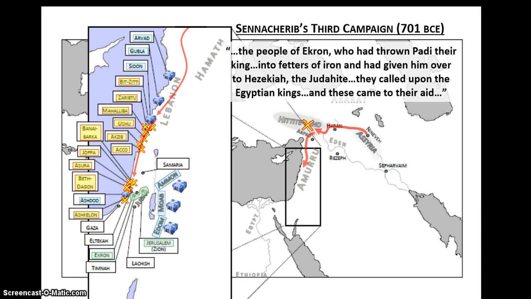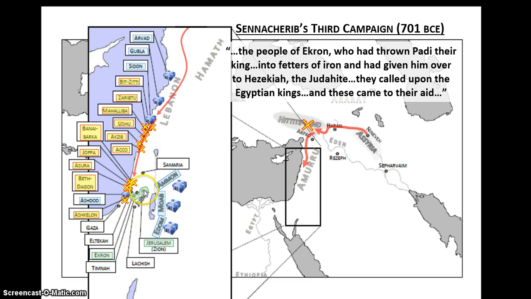The people of Ekron, he continues, who had thrown Padi, their king, into fetters of iron, and had given him over to Hezekiah the Judahite, they called upon the Egyptians, and these came to their aid. So look carefully here on the left-hand side. What I put in green includes both the city of Jerusalem and the city of Ekron.